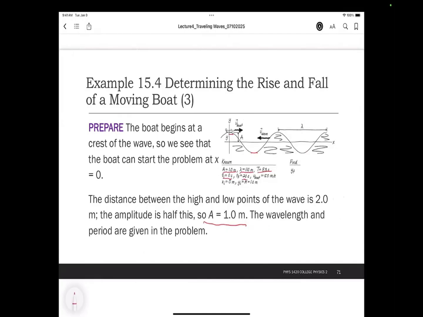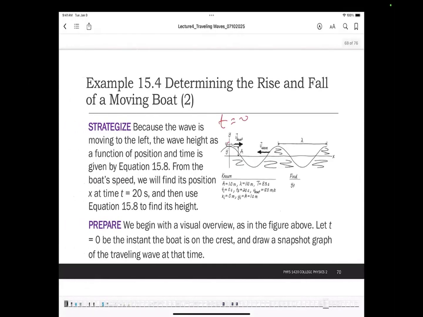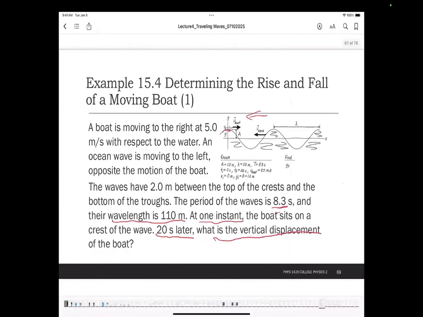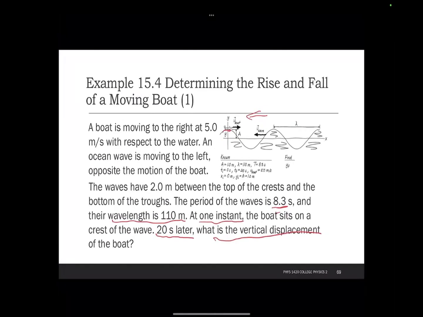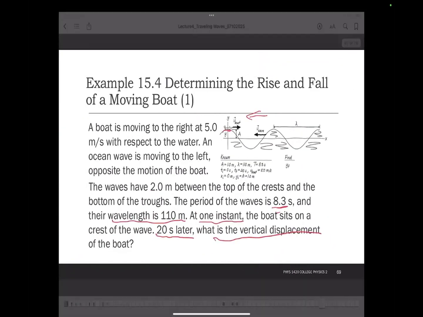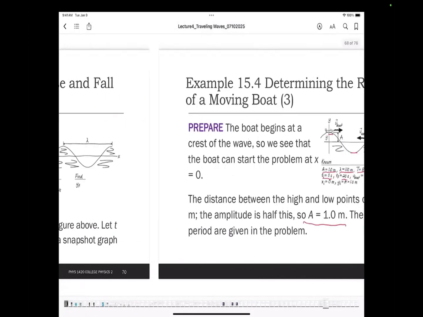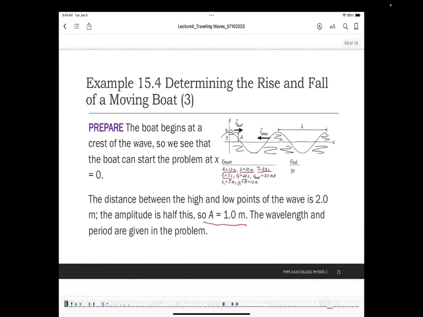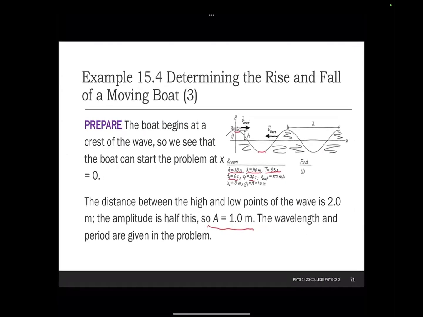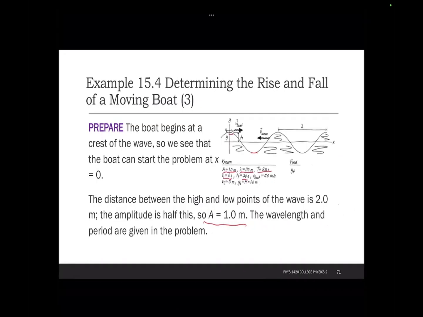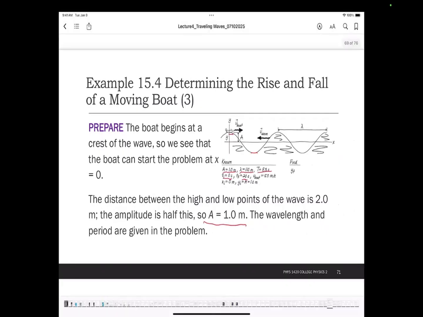The boat's velocity is moving to the right at 5, and at t equal 0, x equal 0 and y equal A. Does it make sense to you?